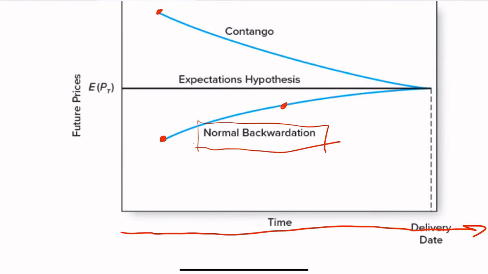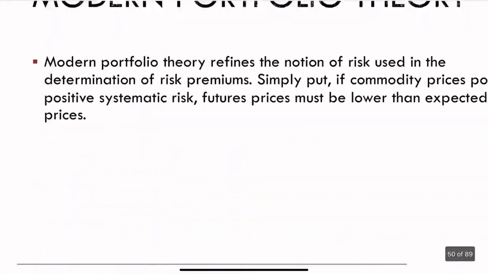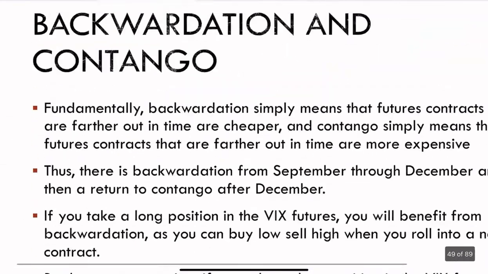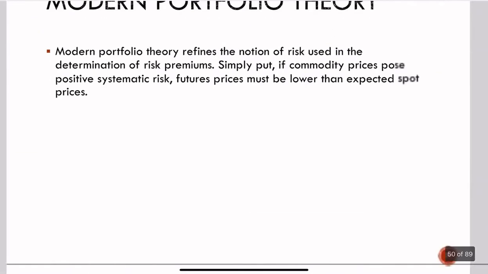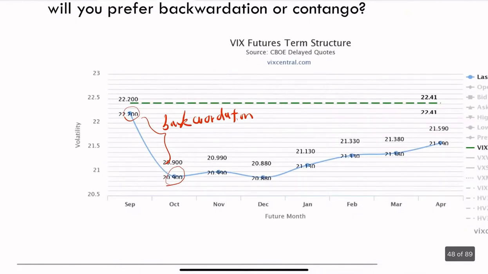And you can see that on point A, this futures is further away from its maturity, right? And B has a shorter time to its maturity. Now this example is essentially talking about the same thing. So you can see that the October future, which is further away from its maturity, has lower volatility.